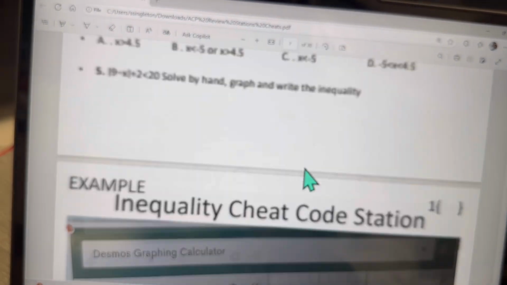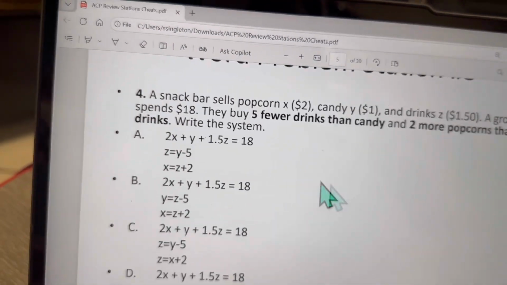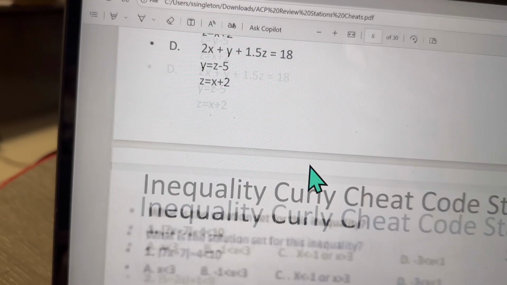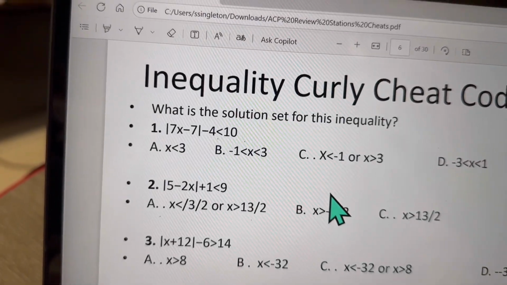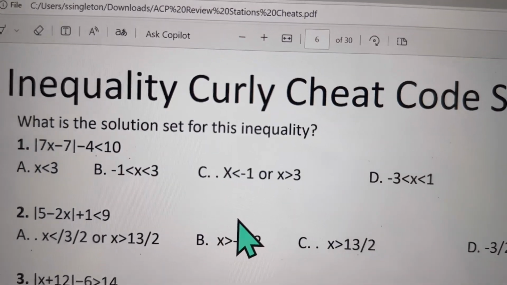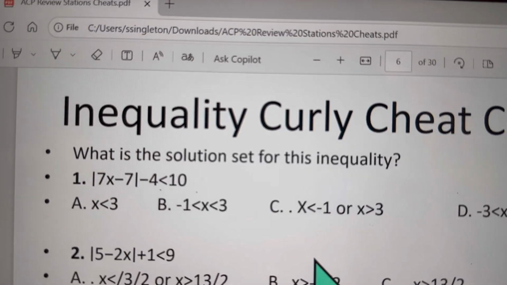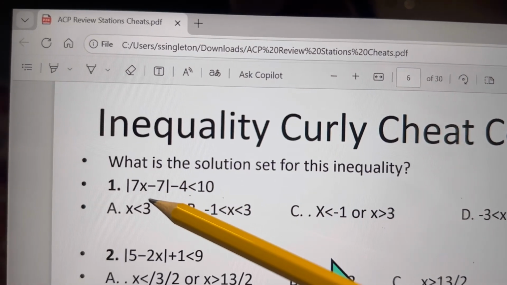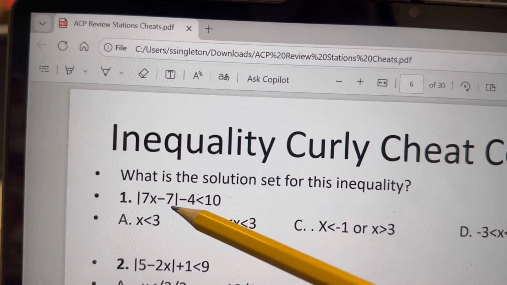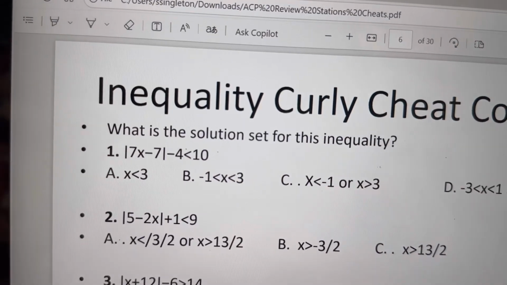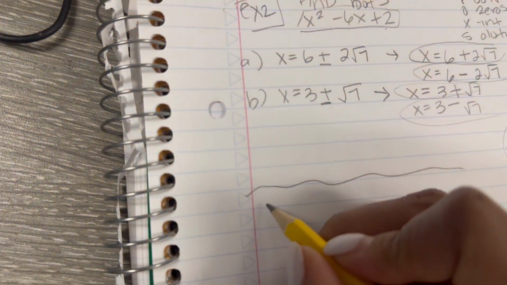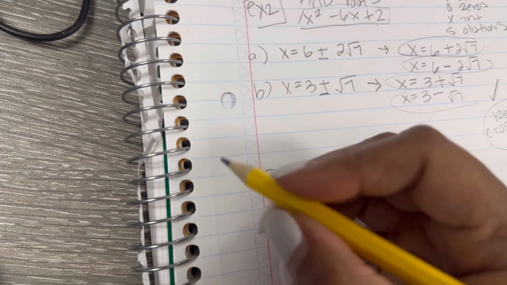Let's go ahead and do inequality cheat code. So we're gonna go ahead and try number 1. What is the solution set for this inequality? Absolute value of 7x minus 7, absolute value, minus 4 is less than 10. So what is this solution set?